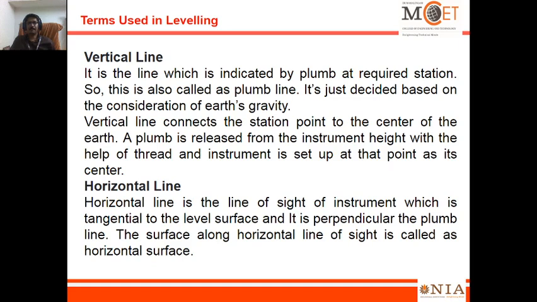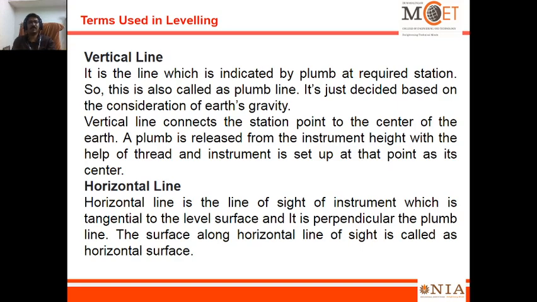Vertical line is a line which is indicated by a plumb. Here plumb means if you drop the plumb bob, it falls straight, wherever the tripod is or wherever the position, even if our equipment is inclined, the plumb bob will hang straight, right? So that is the vertical line at the required station. This is also called the plumb line.